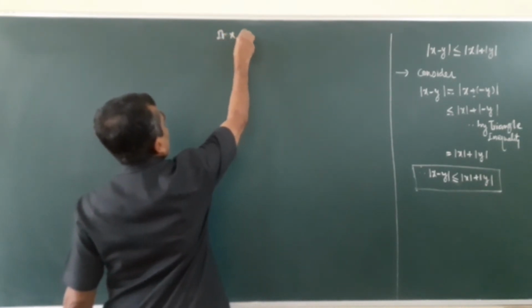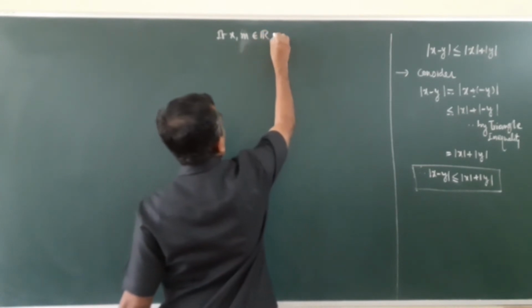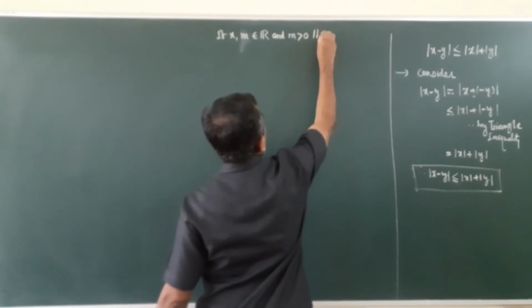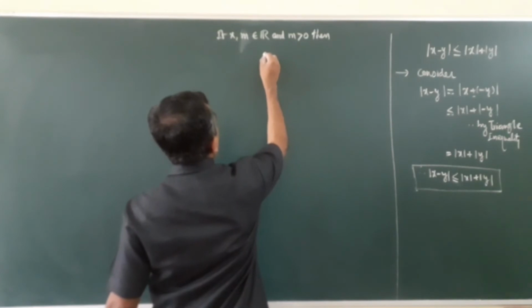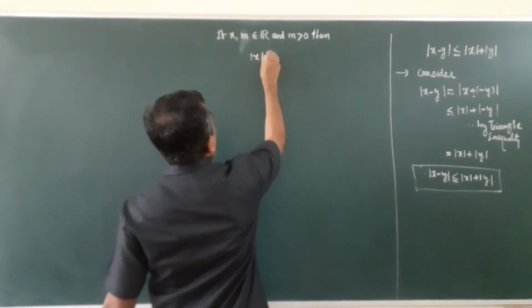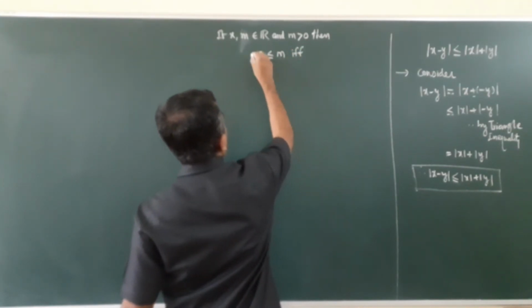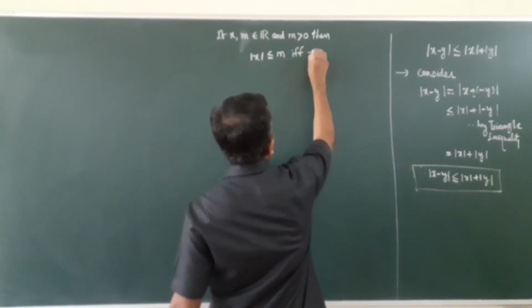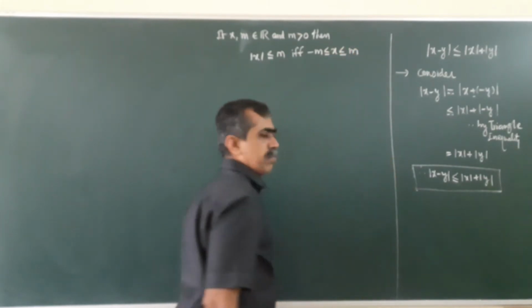If x, say m, belongs to R and m greater than 0, then mod x is less than or equal to m if and only if minus m is less than or equal to x and x is less than or equal to m.